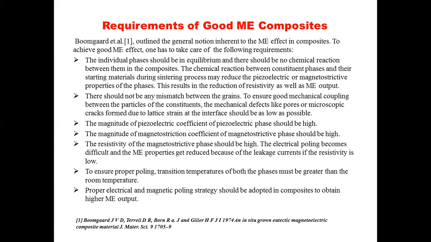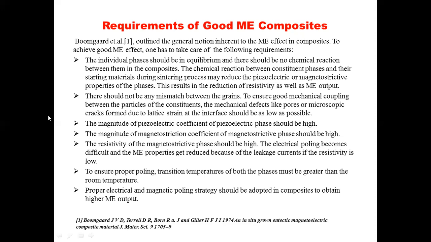That means no exchange of electrons is allowed between the ferromagnetic materials and the ferroelectric materials, because once the chemical reaction takes place between these two phases, a third phase will evolve, and you will not get the ME effect. So that is the point.